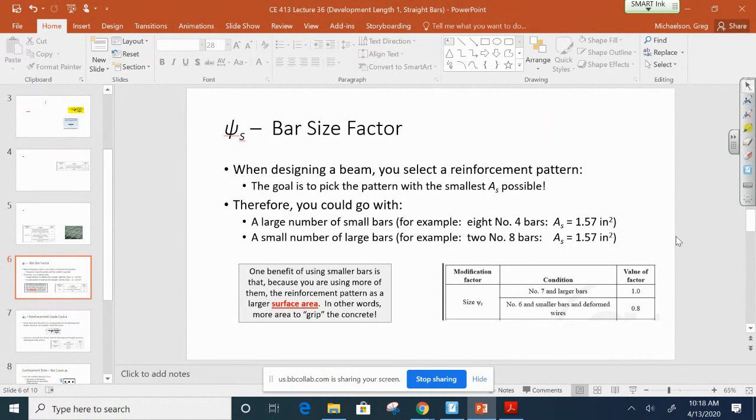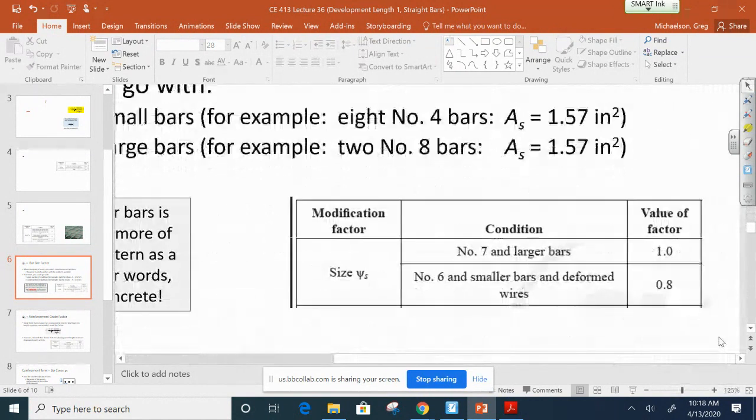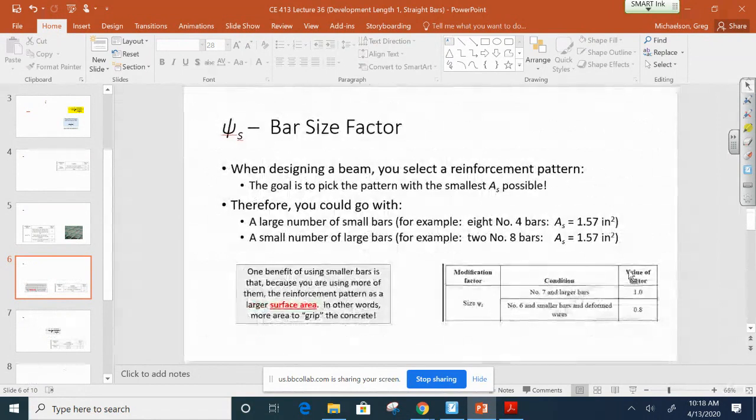And the specifics of it is if I'm ever using bars that are number 7 and larger, I can use a value of 1, but if I'm ever using number 6 or smaller, I can use a factor of 0.8. Remember, if the value is larger than 1, it increases your development length, but if it's smaller than 1, it decreases your development length. And so what we're doing here is decreasing the development length based on the fact that we're using small bars, okay?